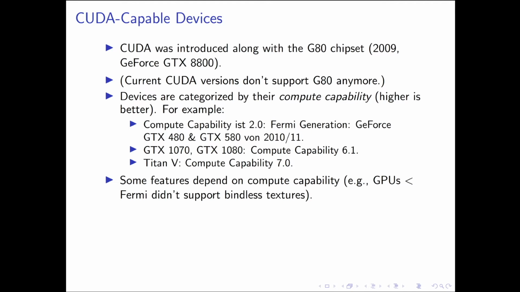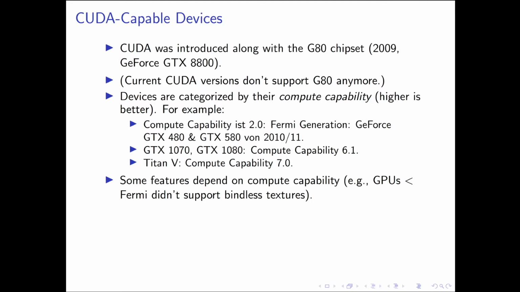And then there are compile time macros that can be used to ask the device for its compute capability, and there are also runtime functions that can be used to query the compute capability at runtime. The compute capability can be used to determine if certain features are available on the GPU architecture that is targeted.